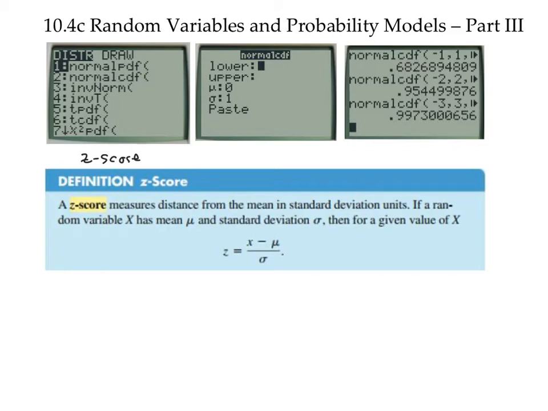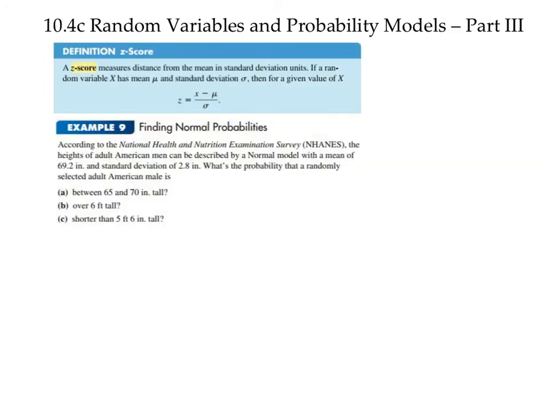I'm going to show you an example problem, and I'll work it both with z-scores and without. So in this question, we are told that the mean of heights of adult American men is 69.2 inches, and the standard deviation is 2.8 inches, and we want to find first the probability that a randomly selected American adult male is between 65 and 70 inches tall.